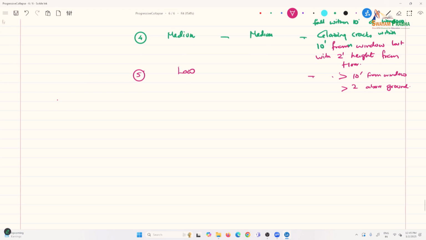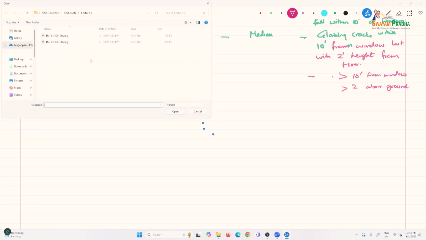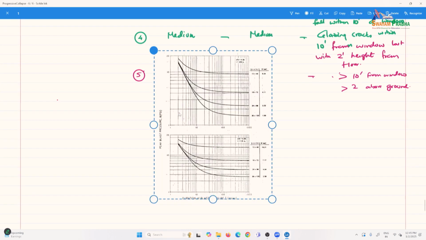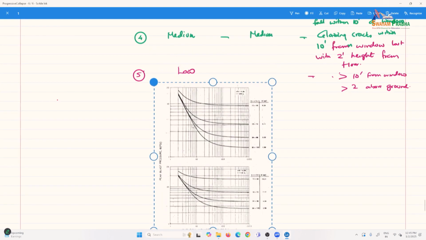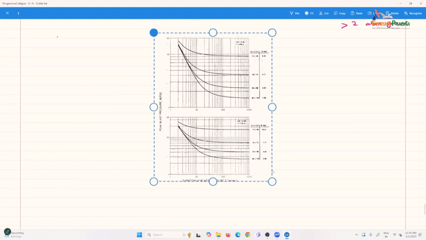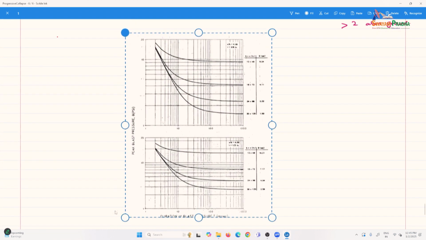So if I were to import an image. It's an old document.